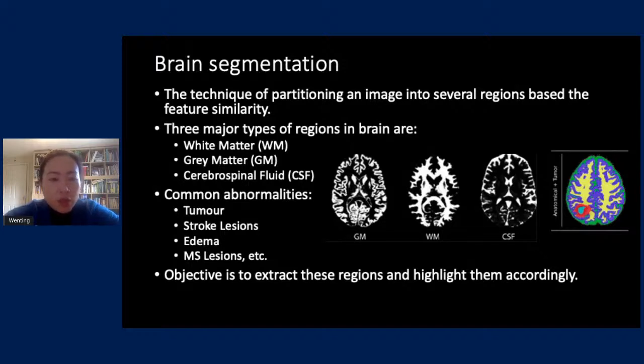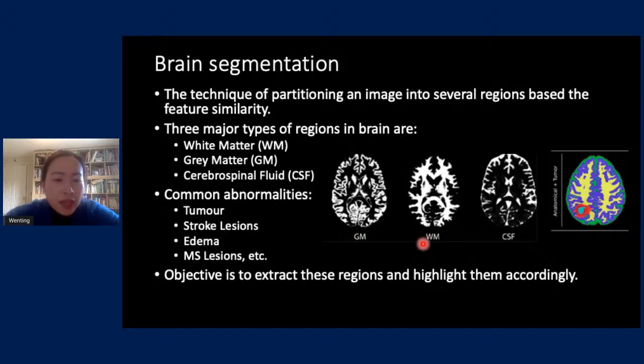Segmentation. So brain segmentation, what is brain segmentation? It is the technique of partitioning an image into several regions based on feature similarity. Mostly for the clinicians or for the researchers, what really is interesting is to highlight the major regions of the brain, which are considered of three major types: white matter, gray matter, and the cerebral spinal fluid.